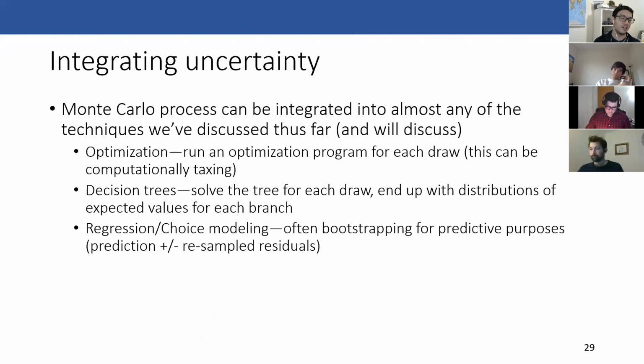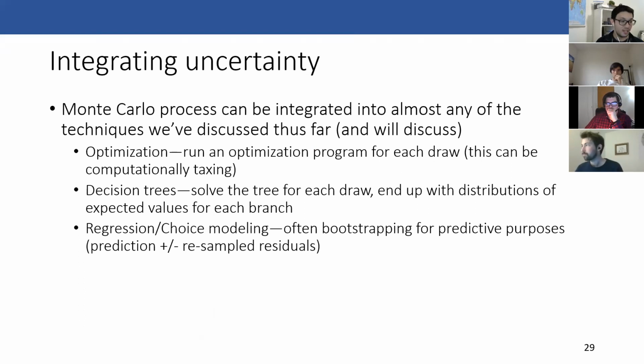I ended up skipping our optimization lecture, but it's possible to run an optimization many times across different input parameters to get a whole slew of results based off of the optimization algorithm. So instead of the process being probability times cost, it's some minimize or maximize problem, but you can still do that many times.